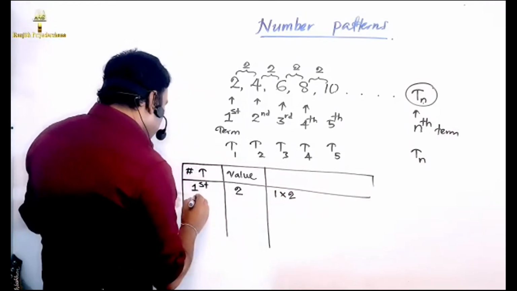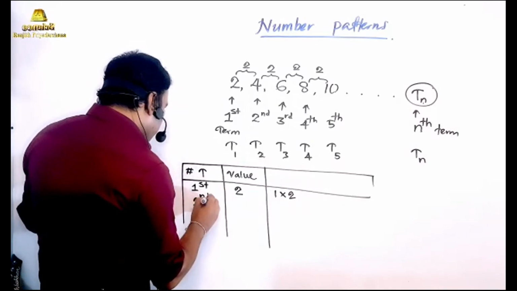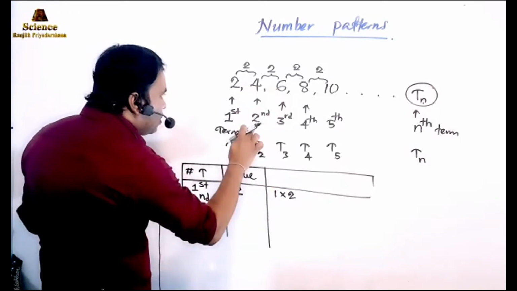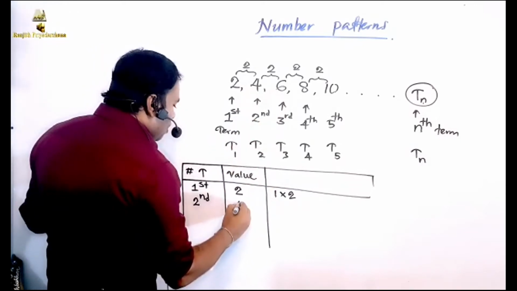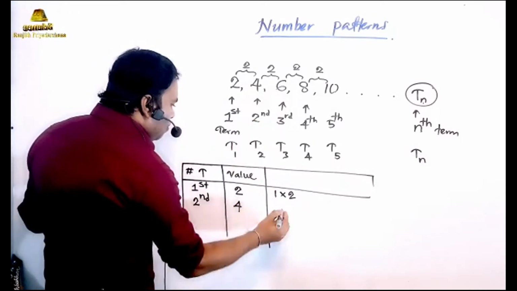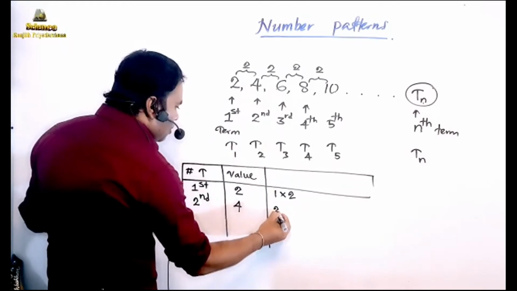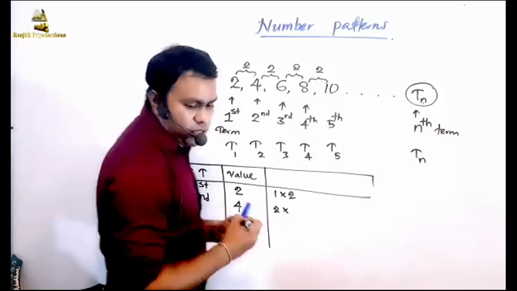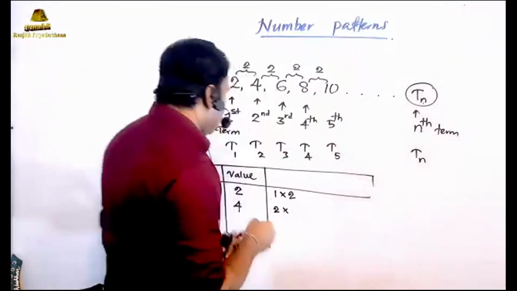Okay, let's consider the second term. So you can write that as 4. How does it become 4? So term 2 is multiplied by 2. I use a different color. පැහැදිලිවම ලියාගමු.